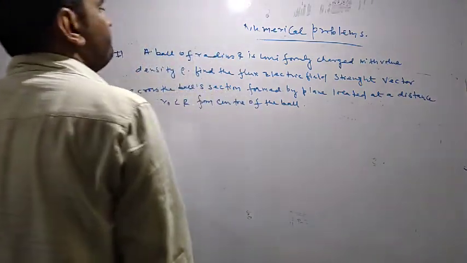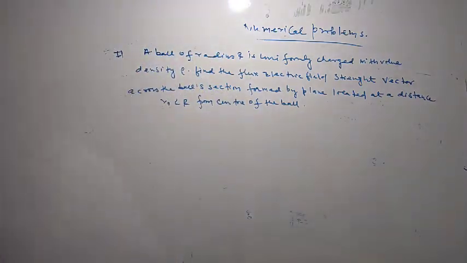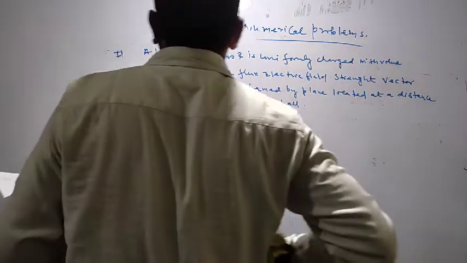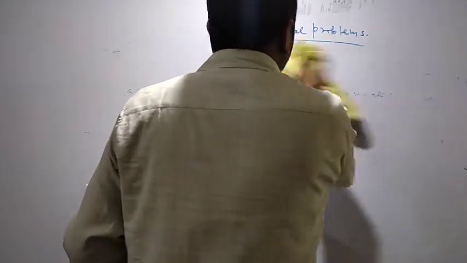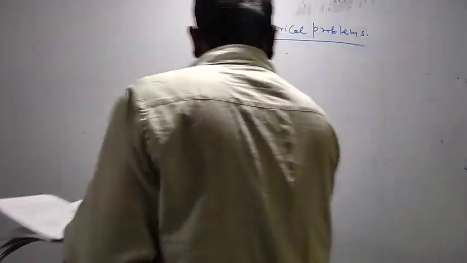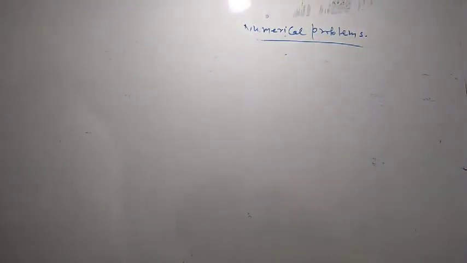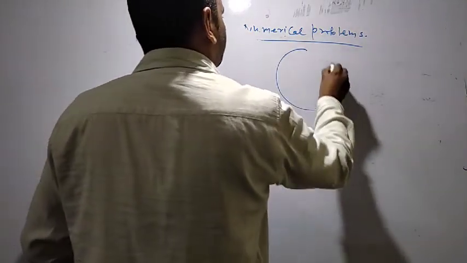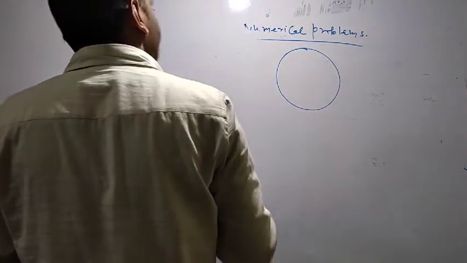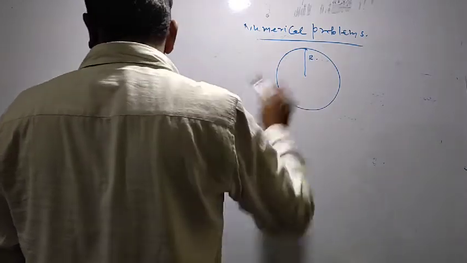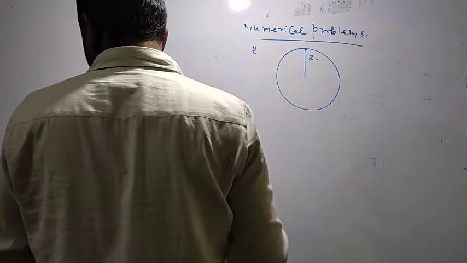Okay, this is the question. Let me rub this out so that I have enough space for calculation. This is also a question of Irodov. I think we should do Irodov. Everybody should do Irodov. So the question is, you have a ball of radius R, uniformly charged with volume charge density rho.